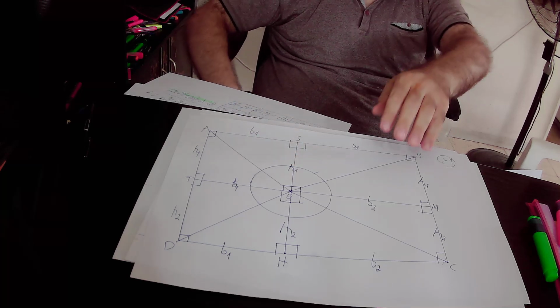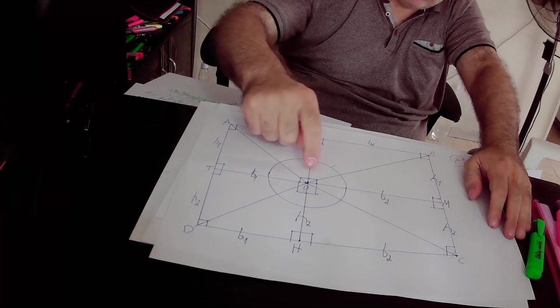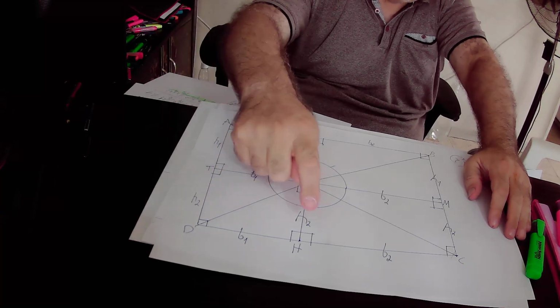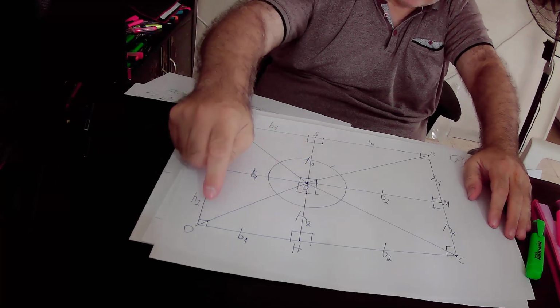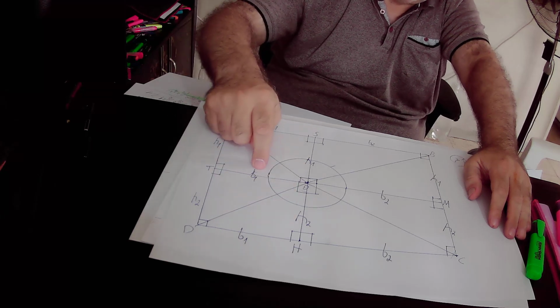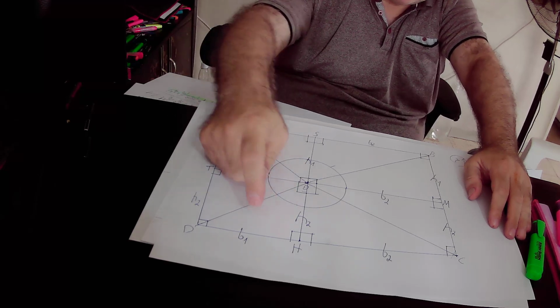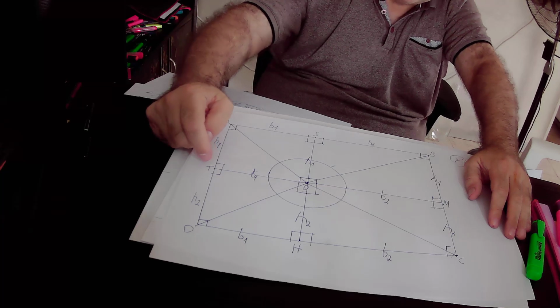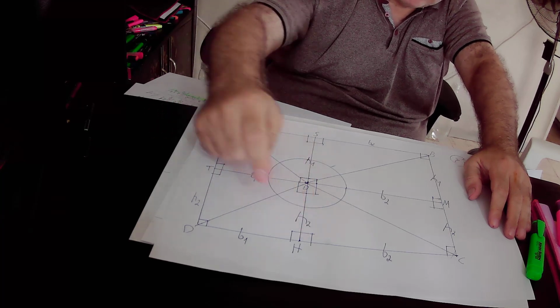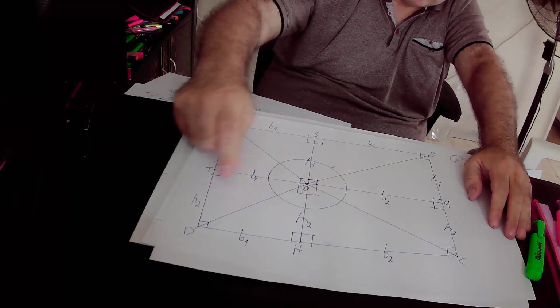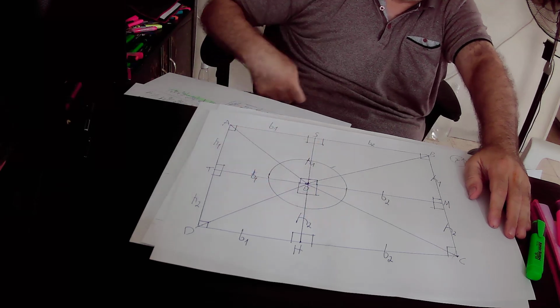Likewise, in rectangle TODH, TO equals DH, but TO equals B1, therefore DH must also equal B1. Likewise, TD equals OH, but TD equals H2, therefore OH must also equal H2.